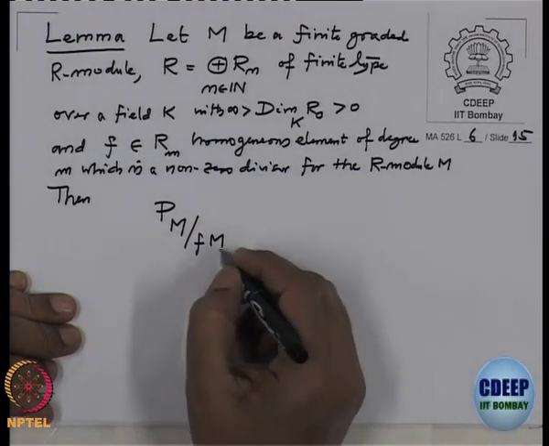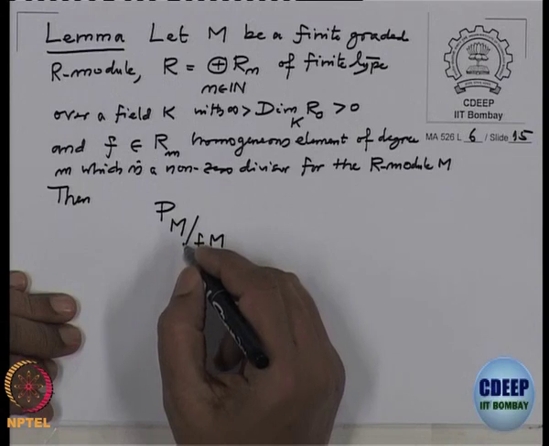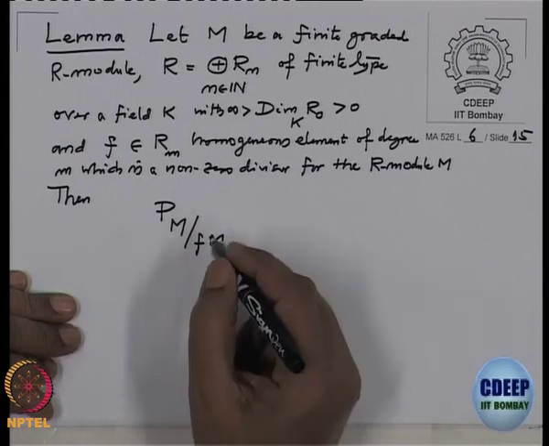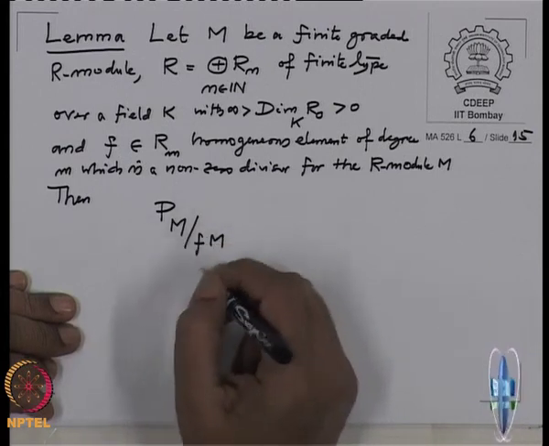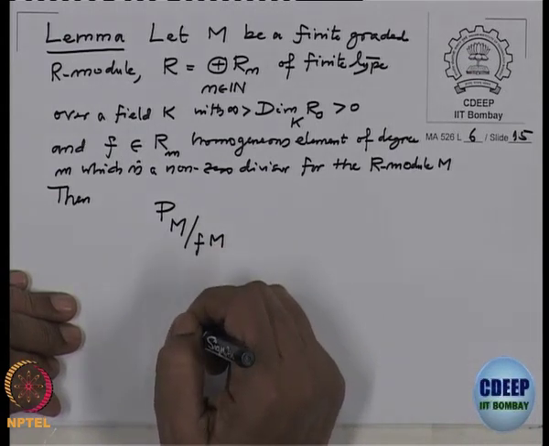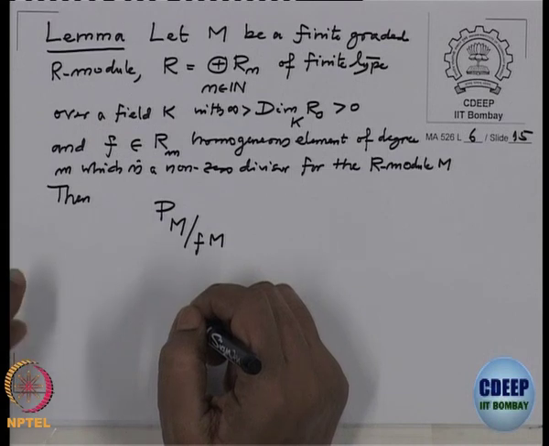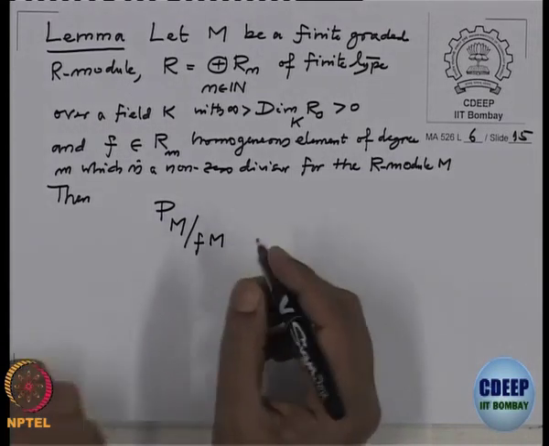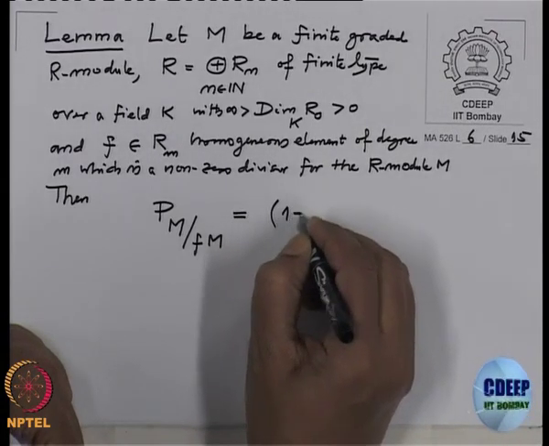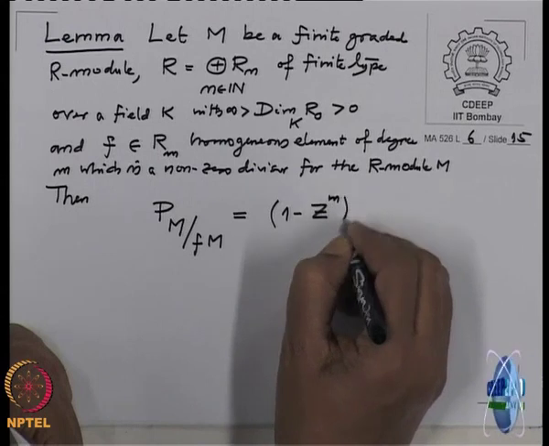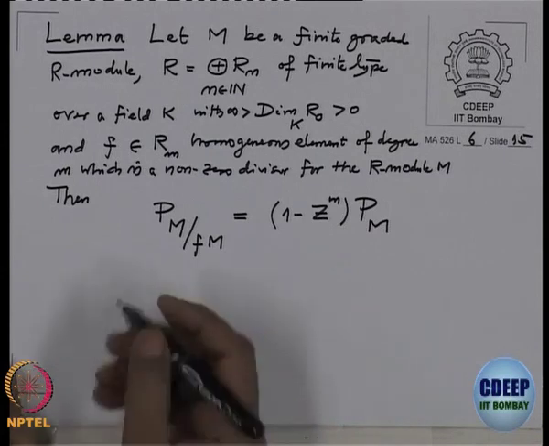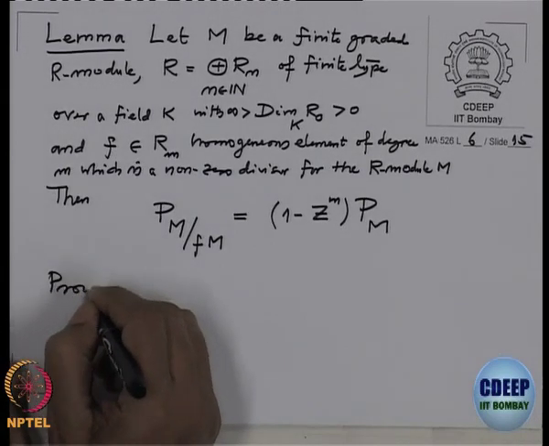Note that f times M is a graded submodule of M, and therefore M by fM is also graded. The graded homogeneous components are precisely the homogeneous components of M divided by the homogeneous components of f times M. So, this equals 1 minus z^m times the Poincare series of M. Now, the proof is the same.